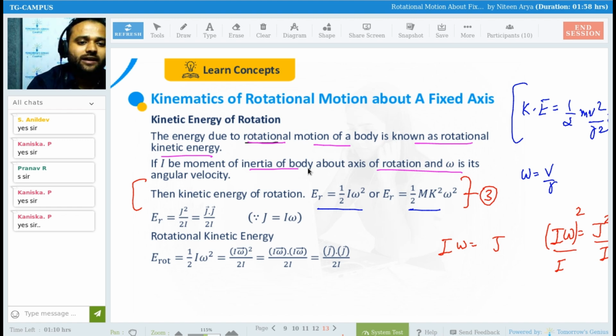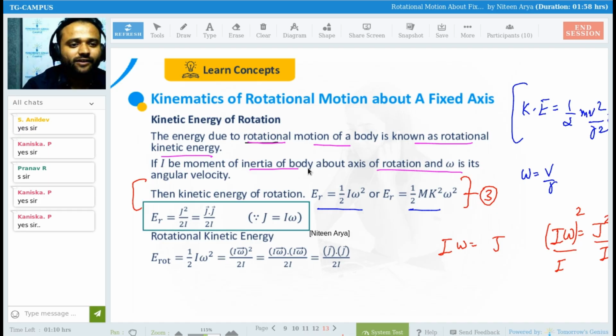Right now everything seems very easy, but beta, whenever it is asked in a question and you don't have anything other than J, omega and so on, you will find a little difficulty. So understand all these equations, 3, 4, 2, every particular equation is important.